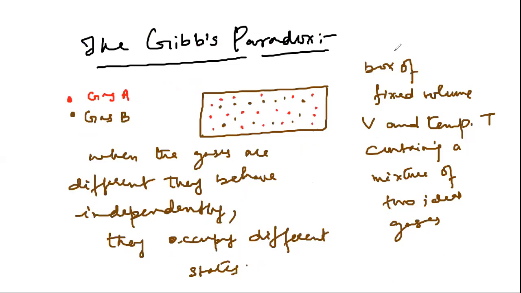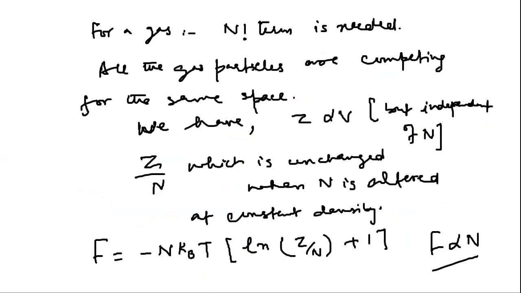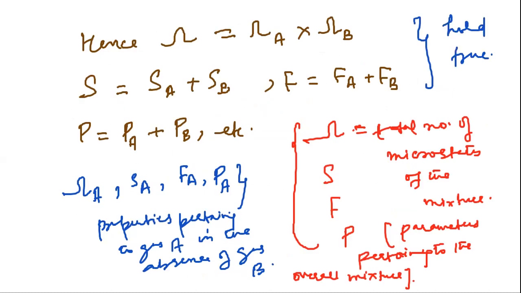Let me make it further clear. I have this box. It has some fixed volume, fixed temperature. I have a mixture in it. So it has the number of microstates sigma.